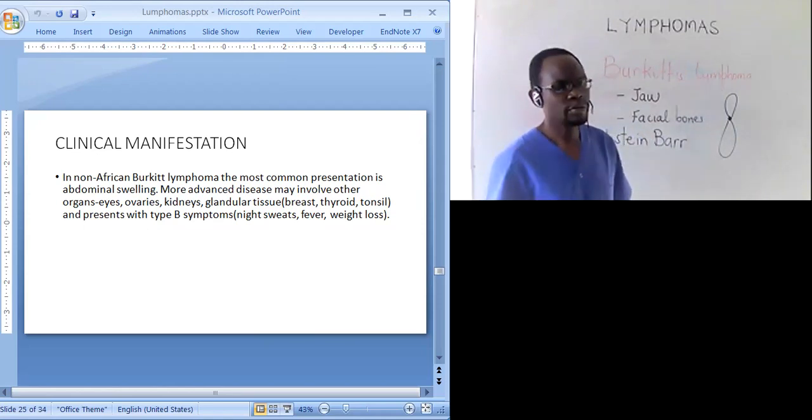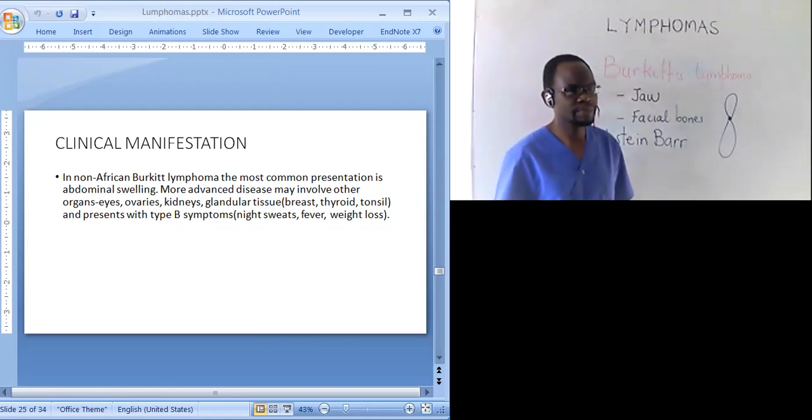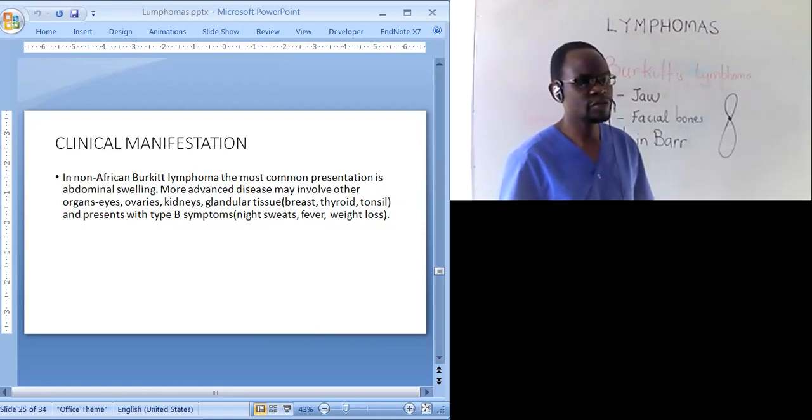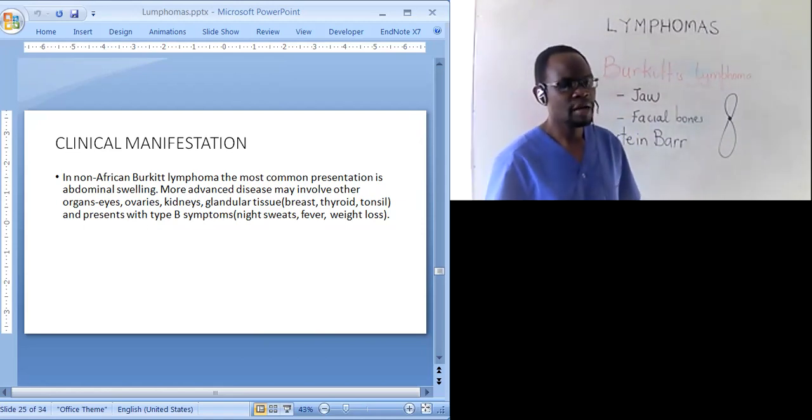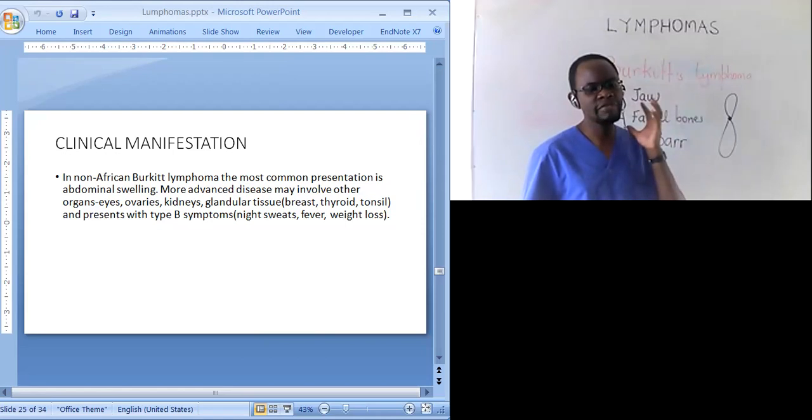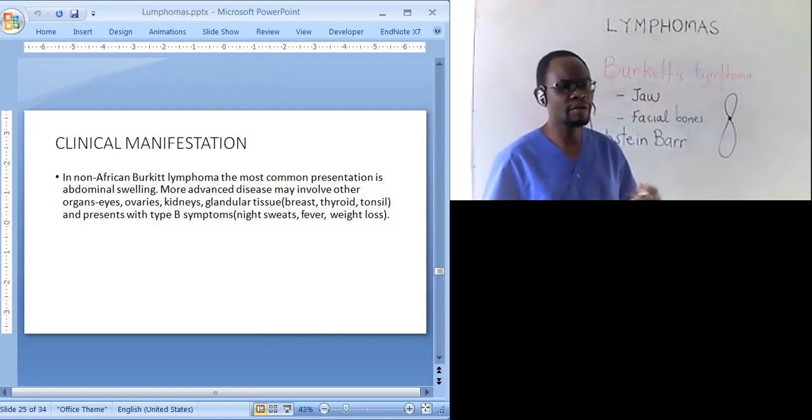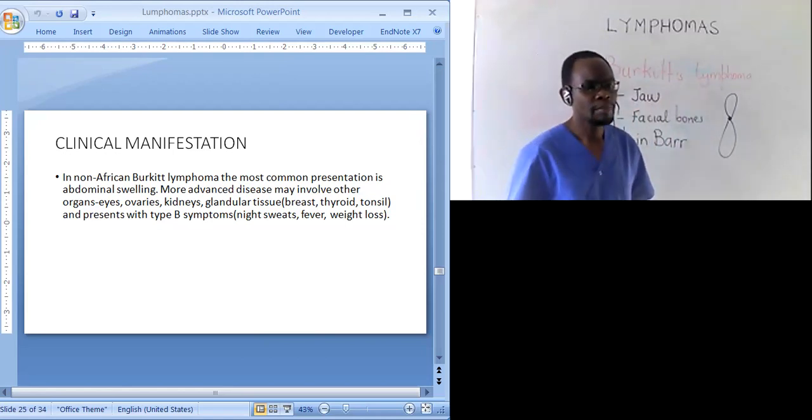So basically, that is the clinical manifestation of the non-African type, which has abdominal swelling but also involvement of other structures.